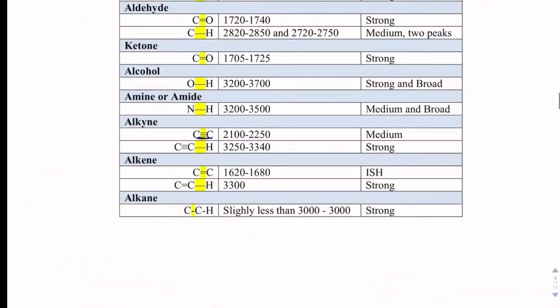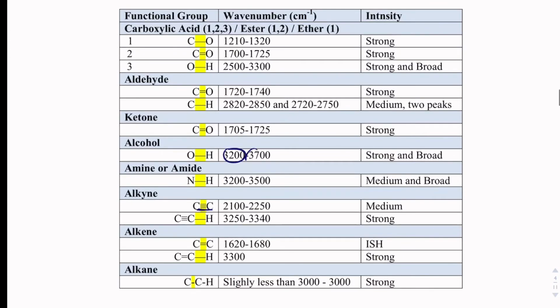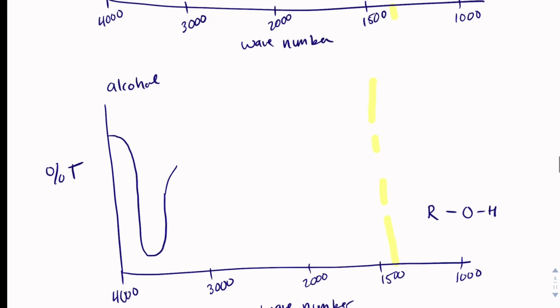It's hard for me to know the exact number that's on here. In alcohol, 3,200 to 3,700. So that's the general guideline, but it's a very big range. We're going to get an OH peak, and it just is very parabolic in what it looks like, and it's very distinguishable. We're going to get alkane stuff, so alkane stuff might be there.